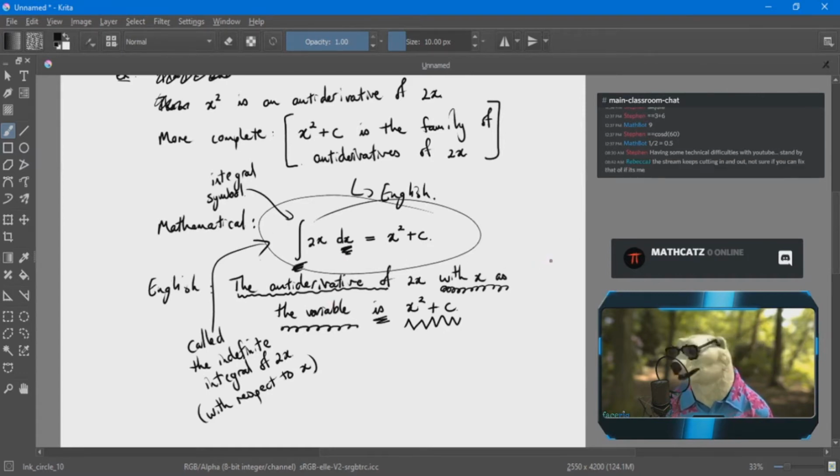All right, so that is the indefinite integral. Now, why indefinite? Because there is another version of this integral, still connected to antiderivatives, but we're going to have to wait a while to introduce that.